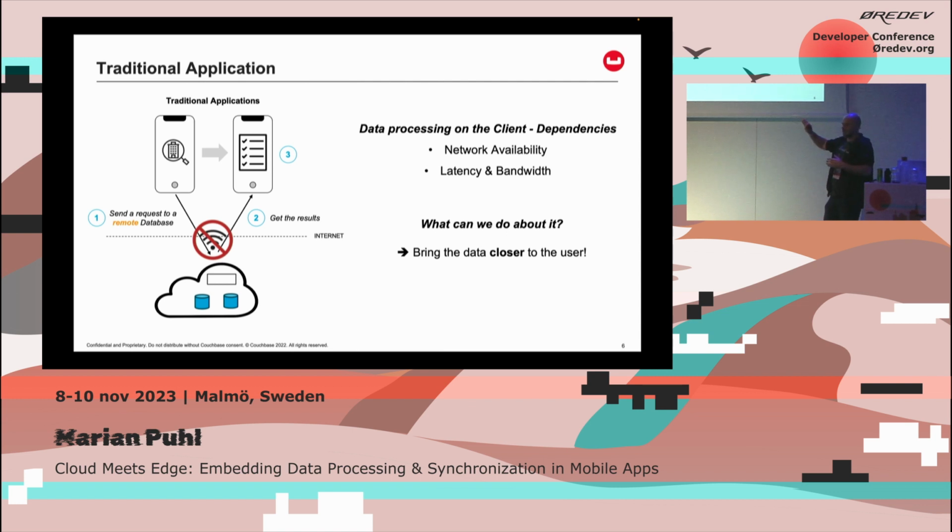We have our data center somewhere. In order to provide a better experience and to support different kinds of use cases, we essentially need to bring the data closer to the user.